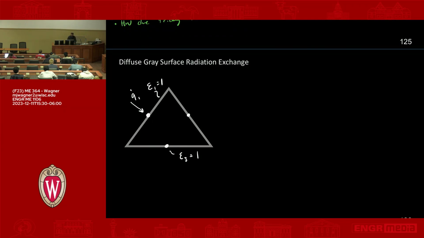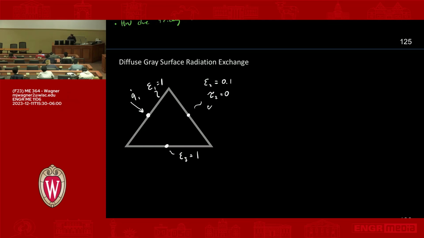What's maybe different about this problem is let's look at the properties over here of node 2. Let's say that emissivity 2 is not equal to 1. Let's just say it's equal to something else, say 0.1. Let's furthermore assume that there's no transmissivity, so light is not transmitted through; it's either absorbed or reflected.